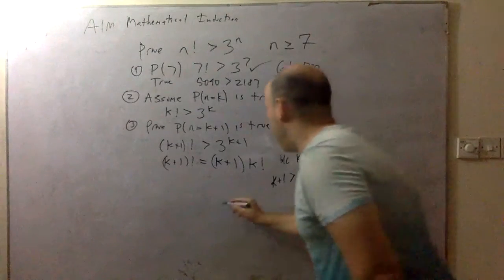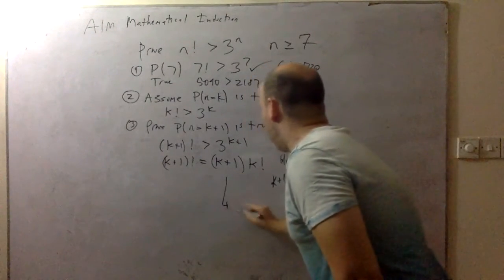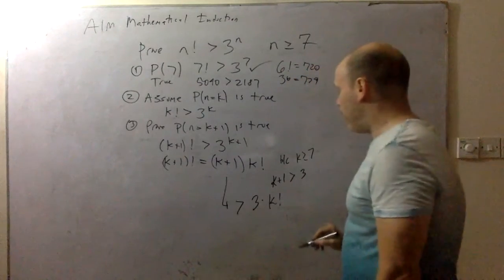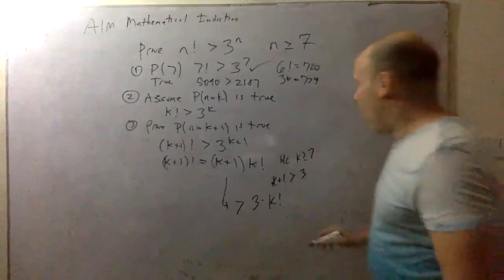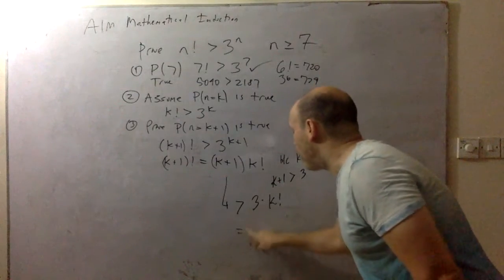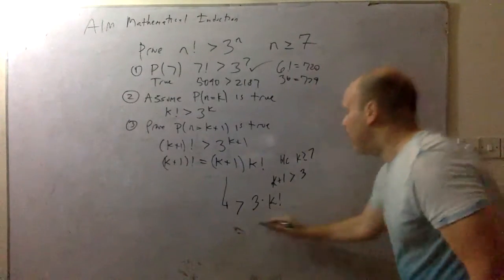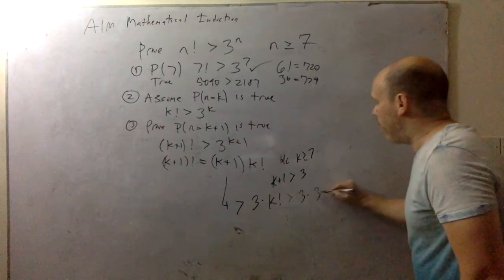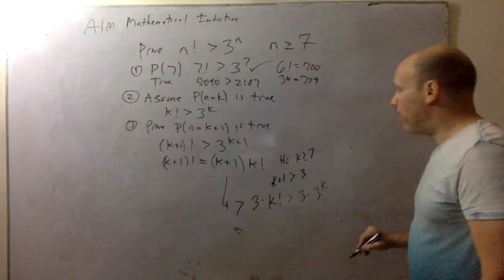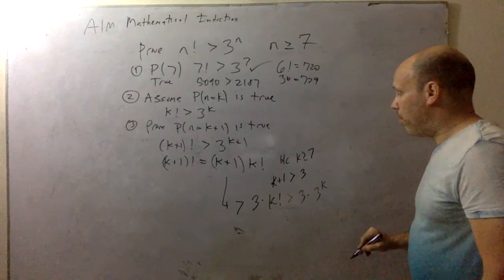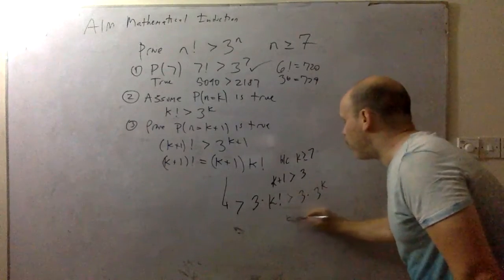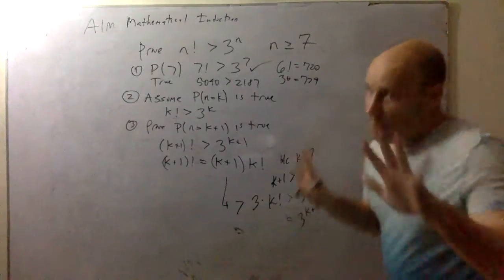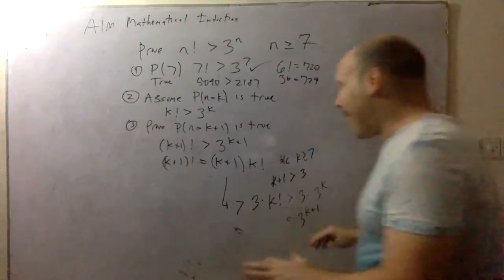That means this statement is greater than 3 times k factorial, which is greater than 3 times 3 to the k, which is equal to 3 to the k plus 1. It looks a little weird, but that's the idea.